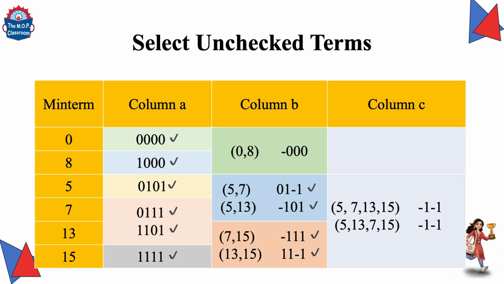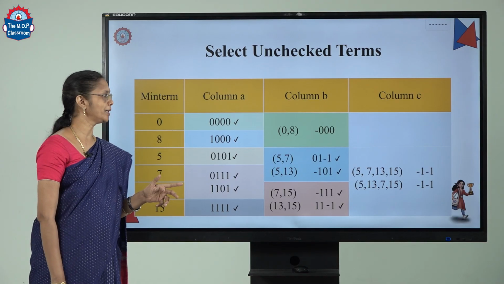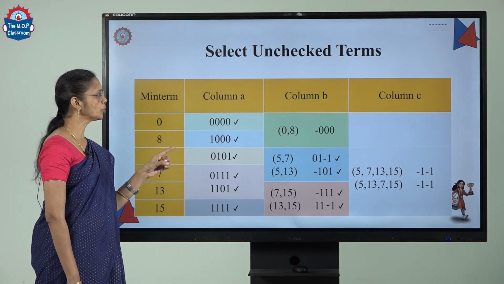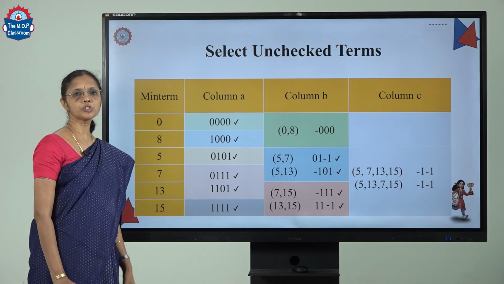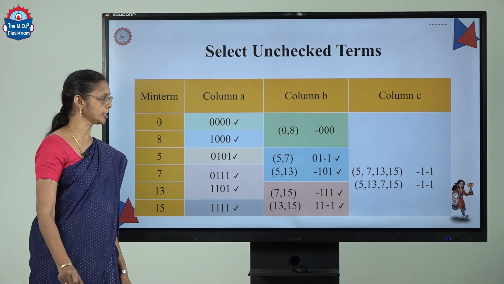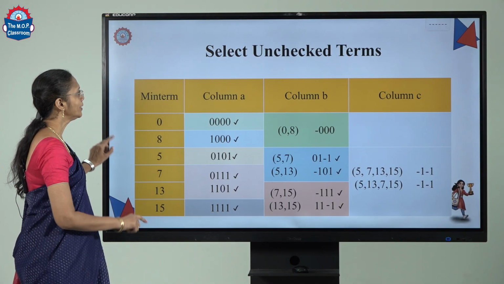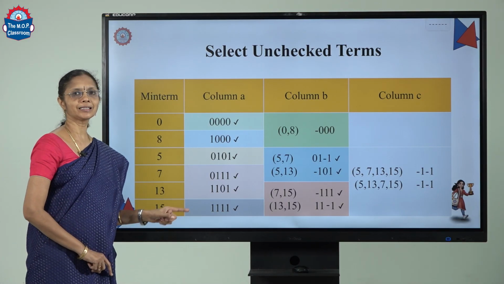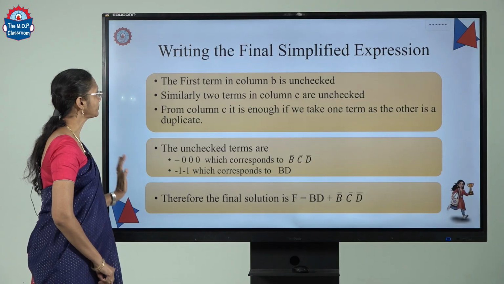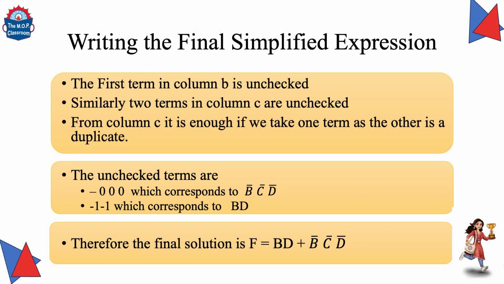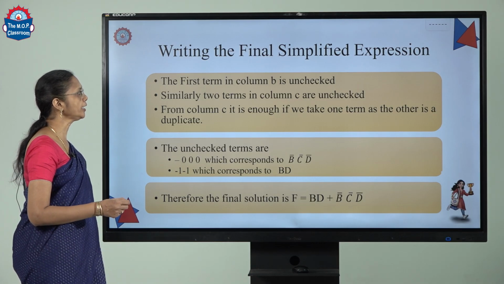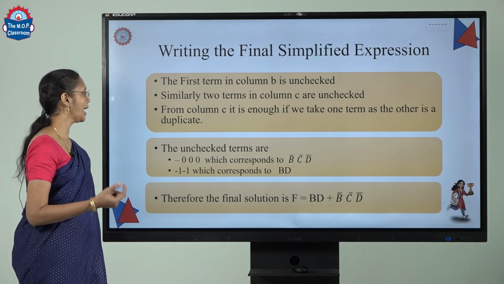So now it is the selecting of prime implicants. You have to use 0, 8 which corresponds to dash 0, 0, 0 and you select dash 1 dash 1. It is a duplicate, it is enough if you select it once. So this is how you have to select the unchecked terms. To sum up, you have the first term in column B is unchecked and similarly the two terms in column C are unchecked.